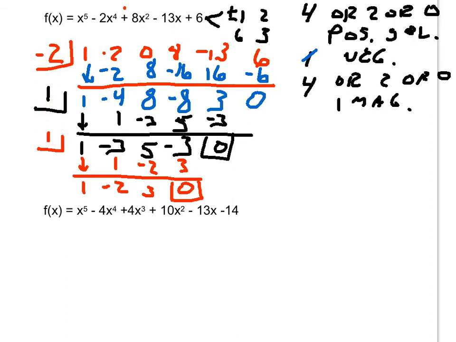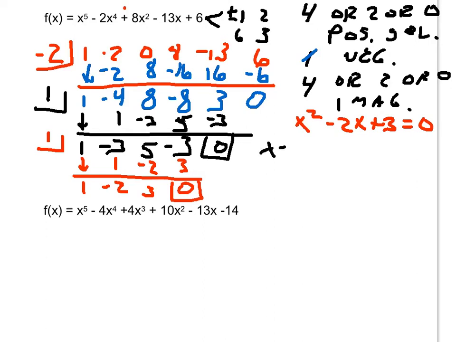Now, what we have left is x squared minus 2x plus 3. And with that, we need to find the zeros from that. Factoring won't work on this one, so we need to use the quadratic formula.